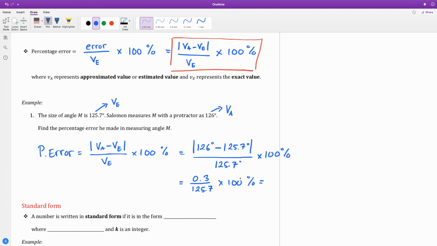In calculating this, do not include the percent. So just 0.3 divided by 125.7, and then we multiply by 100. It becomes 0.238663484%.